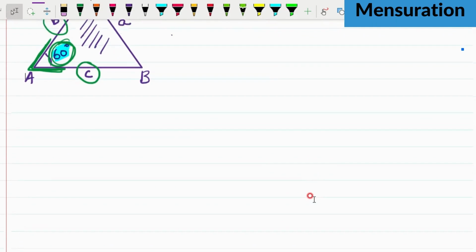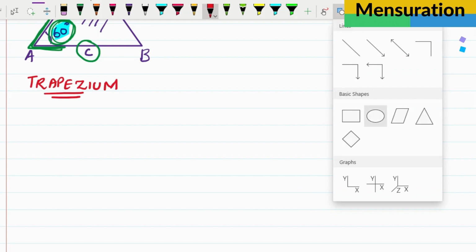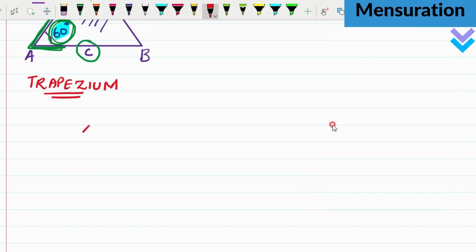Let's understand the area of trapezium. So we will write area of trapezium. Trapezium just looks like this, let me draw it here in this form.